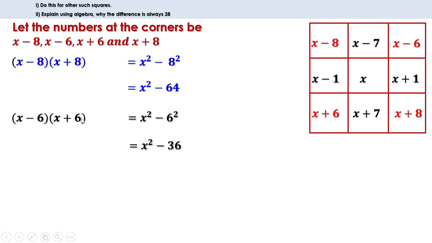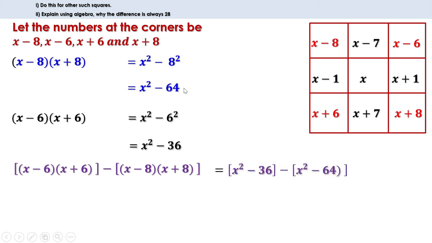Now let us find the difference between them, that is (x minus 6) into (x plus 6) minus (x minus 8) into (x plus 8), that is (x square minus 36) minus (x square minus 64). We have to put a bracket here, as x square minus 64 has to be subtracted from x square minus 36. Now let us remove the bracket at first. This can be written as x square minus 36.